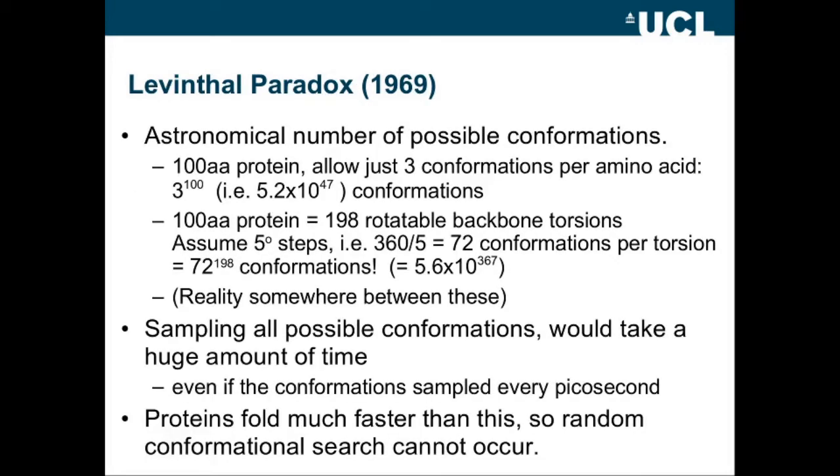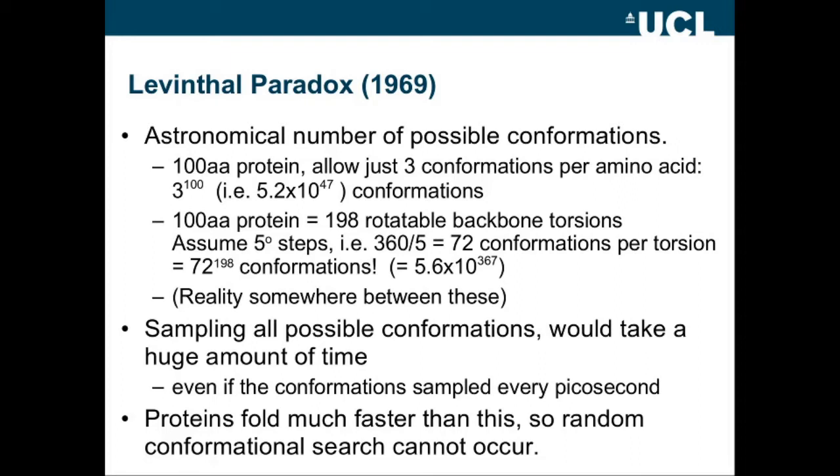Now, this was formalised a little bit more in 1969 by Cyrus Levinthal, who suggested the Levinthal Paradox. And this suggests that, given this problem, we can think about the astronomical number of possible conformations available.